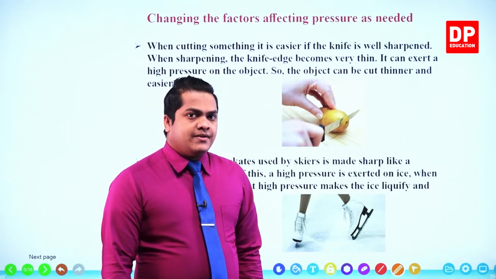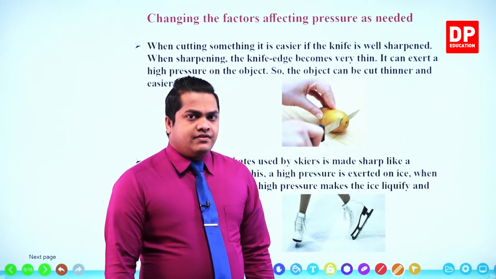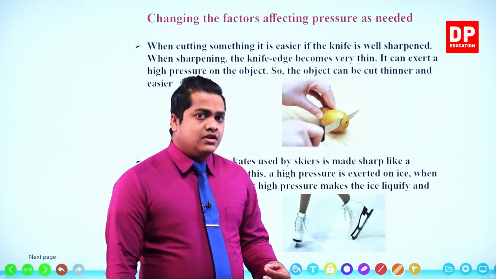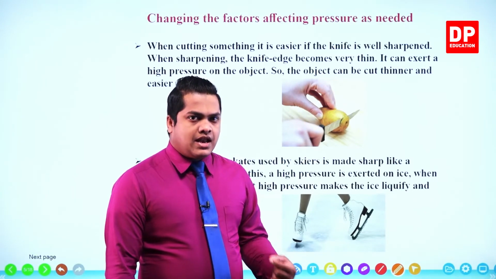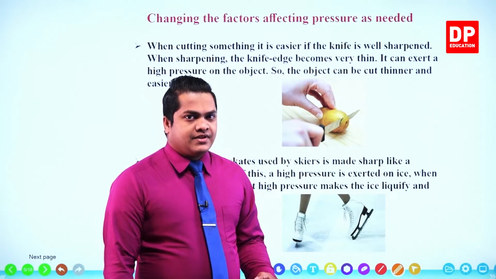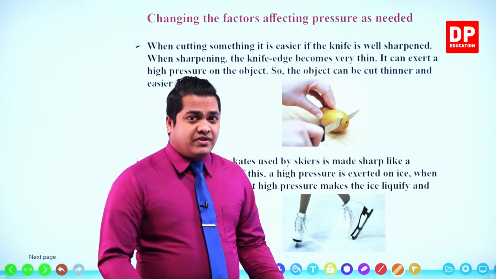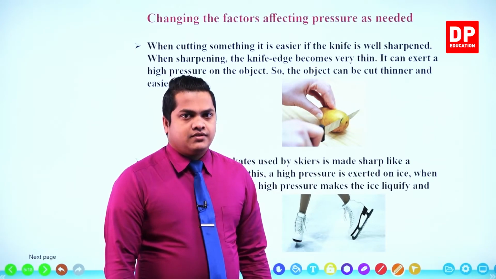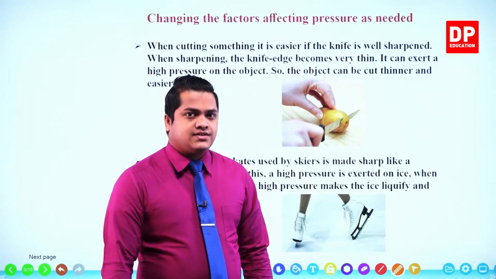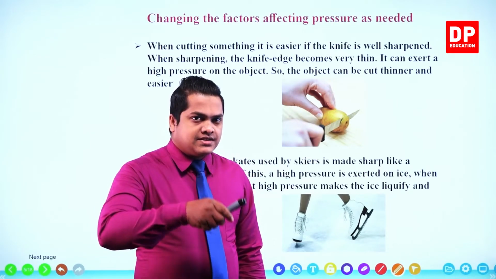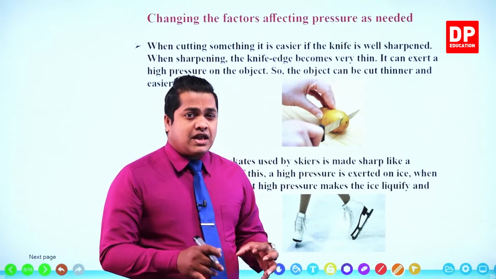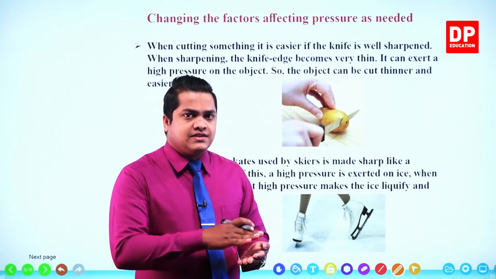It's because the blade of the knife has a very thin layer of surface area. That's why we are going to sharpen it very well. If the surface area is very small, upon exerting a simple force, it is going to exert a greater pressure on the particular surface.